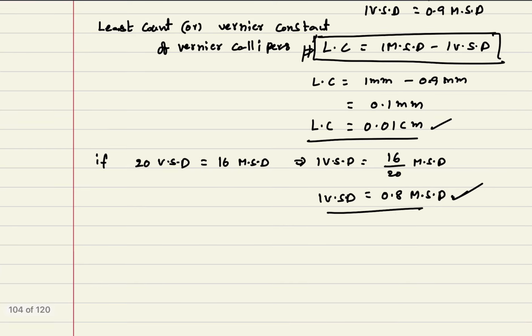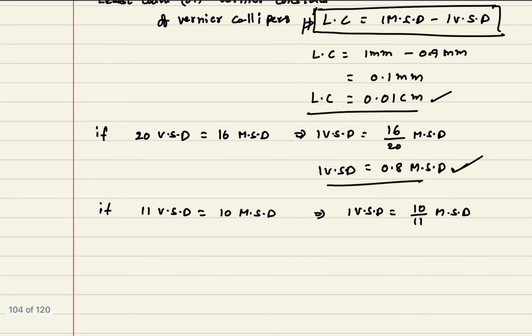Suppose in any problem they give that 11 vernier scale divisions coincide with 10 main scale divisions. In that case we can write 1 vernier scale division as 10 divided by 11 main scale divisions. Observe this carefully. If 11 vernier scale divisions are coinciding with 10 main scale divisions, we write like this.